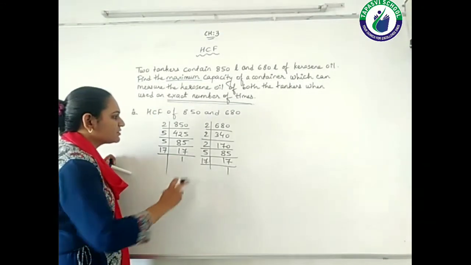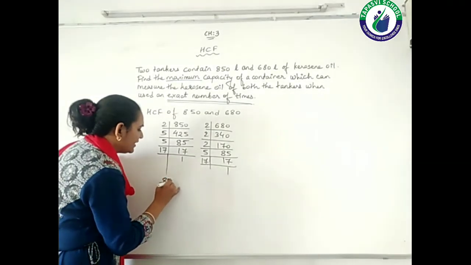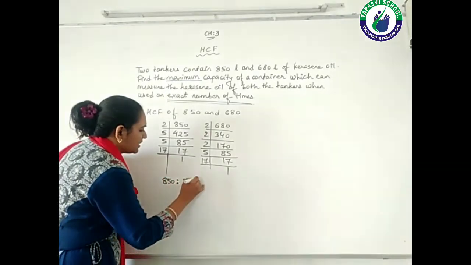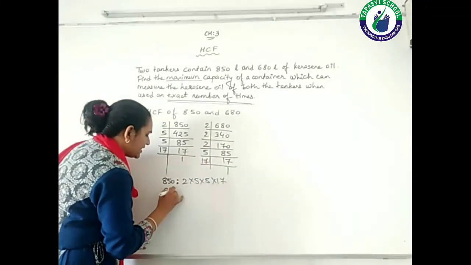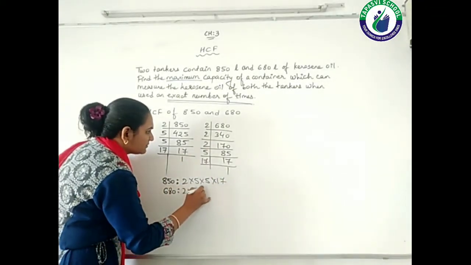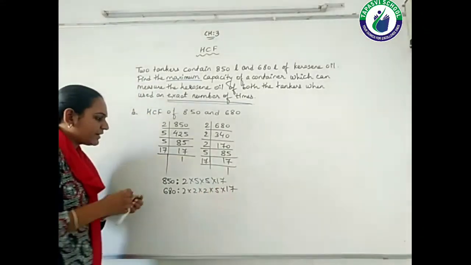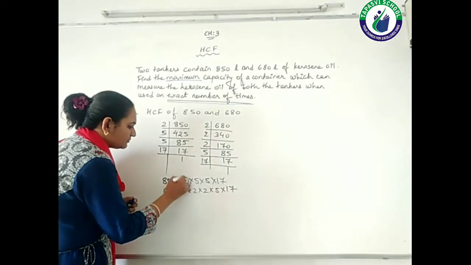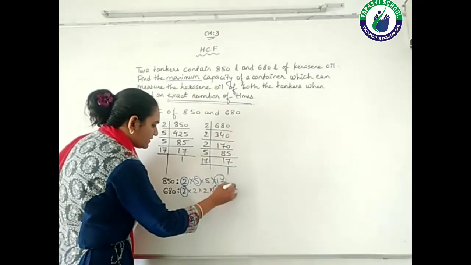I'm not saying 85 because still we have one number common, that is 2. So 850, I'm listing out the factors, and 680, I'm listing down the factors. So I'm circling the common factors. 2 is there, then 5 is there, and 17 is there.